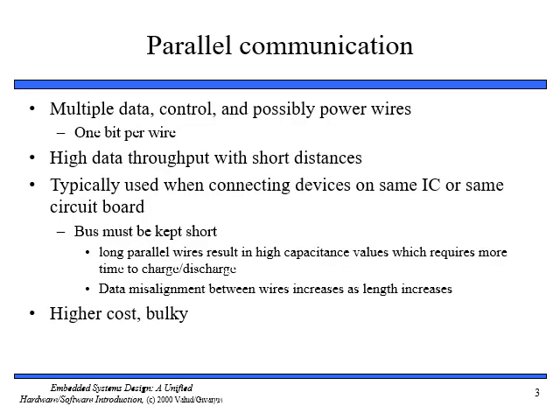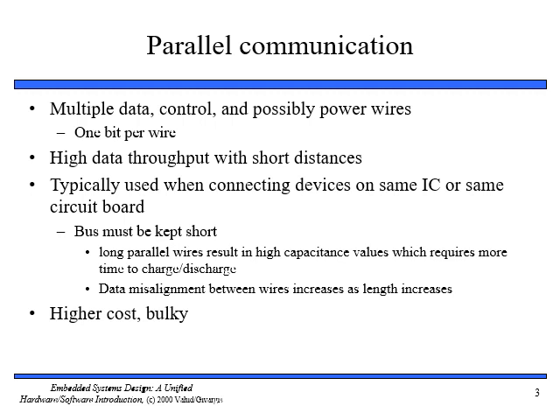In parallel communication, we have multiple data, control, and possibly power wires, and we send one bit per wire. It gives high data throughput because of multiple wires with short distances. Because we are having multiple wires, we use this type of communication for short distances.